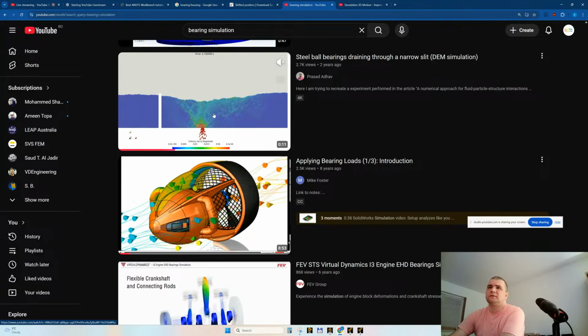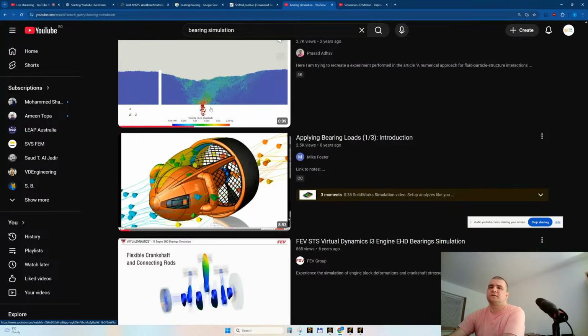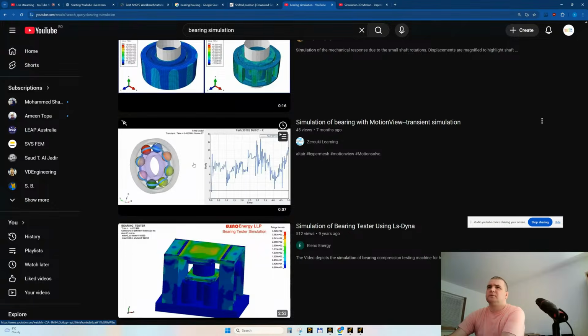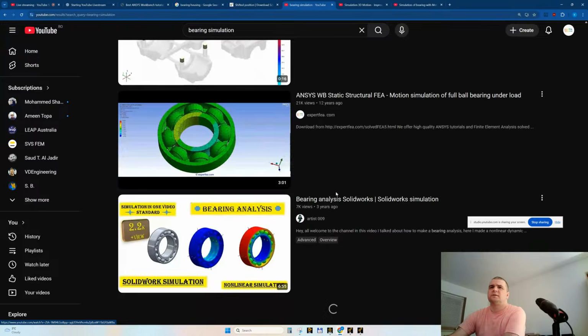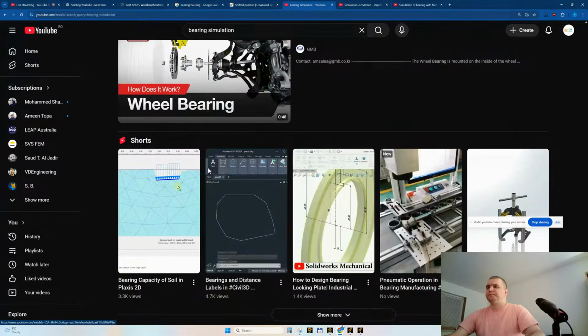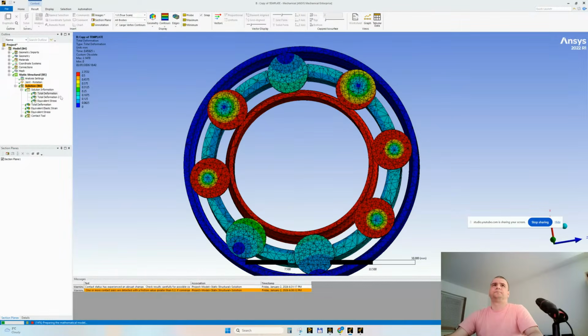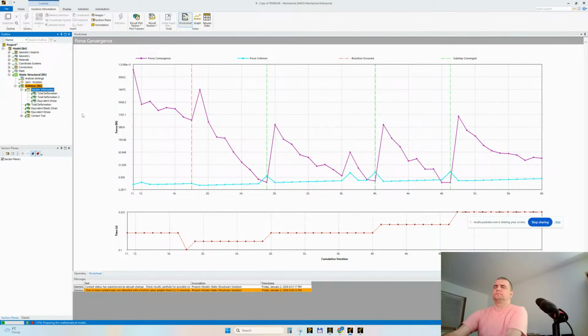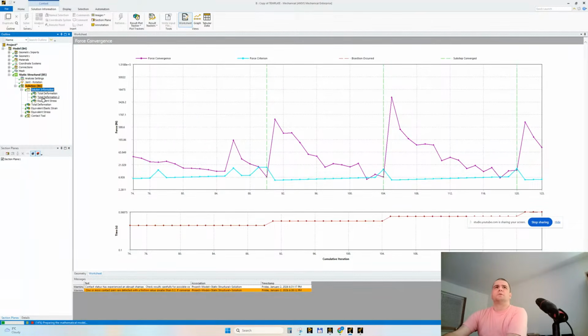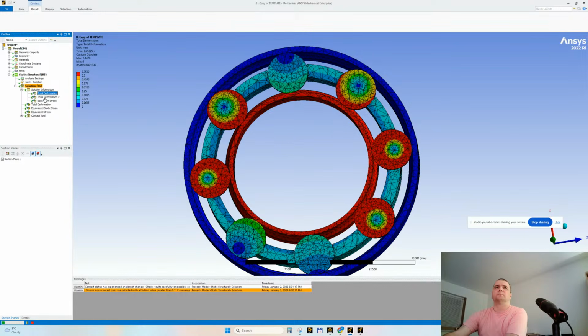Yes, small spheres. Why not? With motion view. I want to see this. We will stop at the second one, I think.